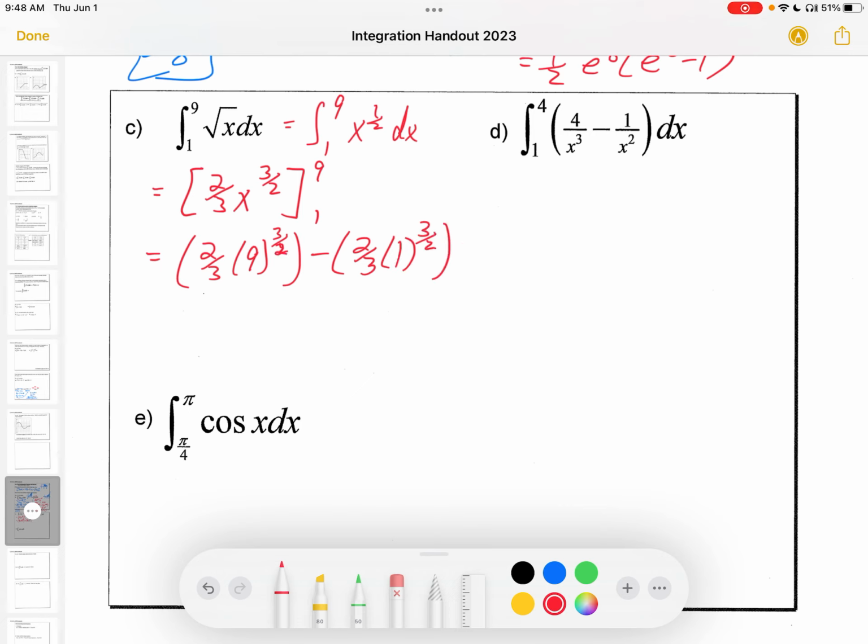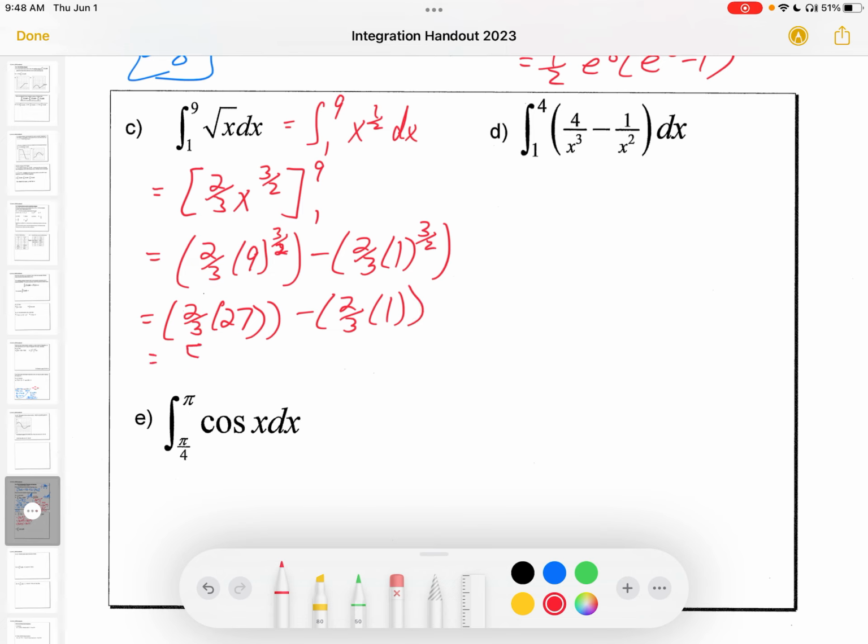Now, you can use your calculator if you want, but we should know what a power of 3 over 2 does. Okay, so we'll have 2/3 as a coefficient here. 9 to the 3 over 2 means square root it and cube it. So the square root of 9 is 3, cubed is 27. Mercifully, 1 to any power is just 1.